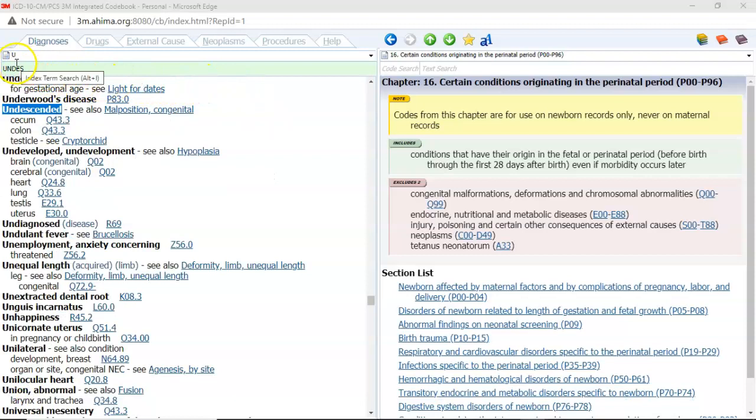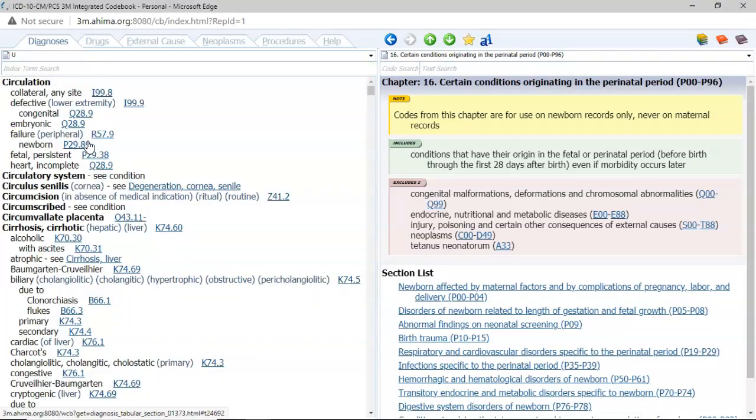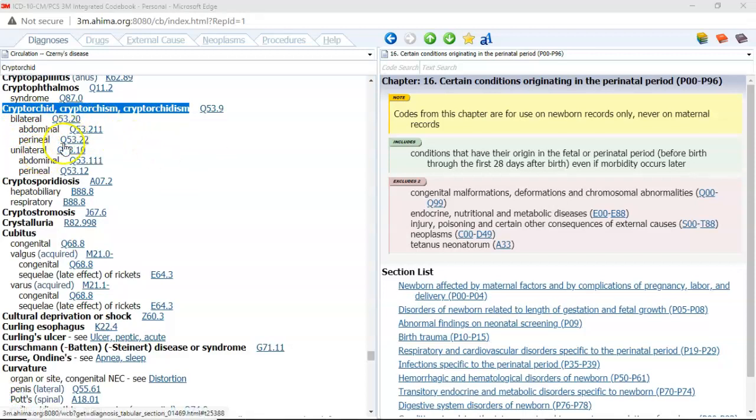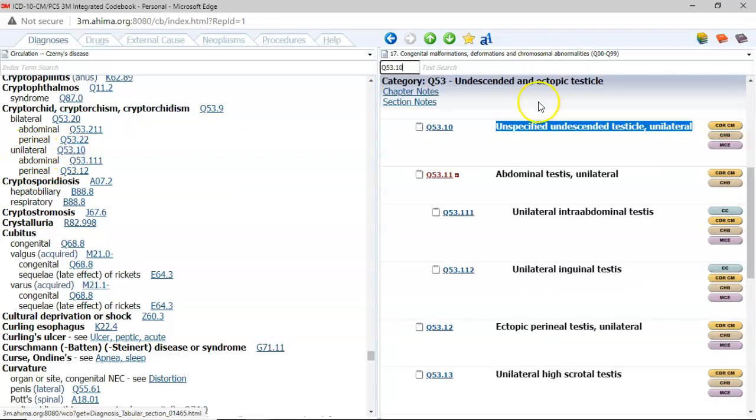So in the index, if I put undescended, you'll see testicle, and we go to cryptorchid. And you'll notice that there is a unilateral code. The documentation that we have does not tell us whether or not this testicle is in the abdominal area or the perineal area, so we are going to use this default code of Q53.10 and apply that to this newborn chart.